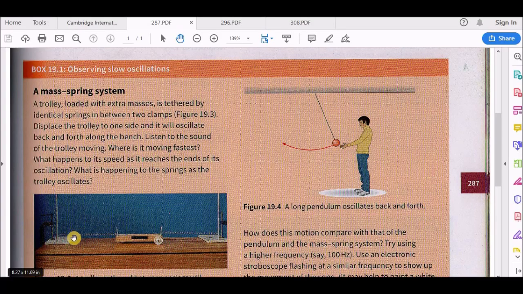So again, when it is here, it is at rest, and when it comes back this way, the speed will increase. When it is going from the position where it is at a momentary stop to the equilibrium position, the speed will increase. But when it is going from the equilibrium position to the position where it comes to a momentary stop, it will decelerate. What is happening to the springs as the trolley oscillates? The springs get compressed and extended.